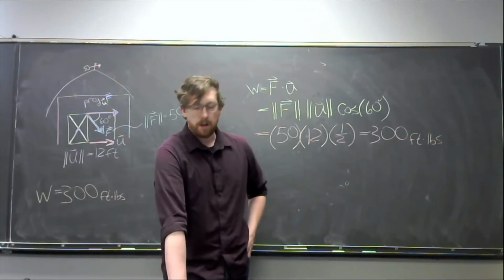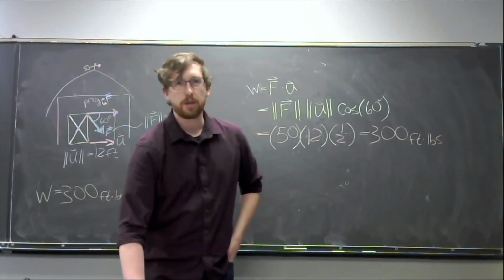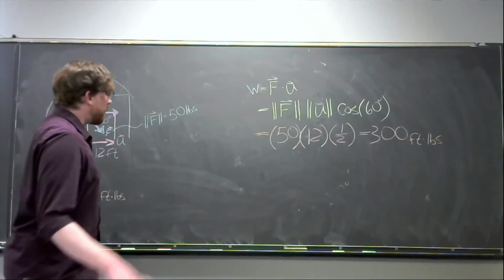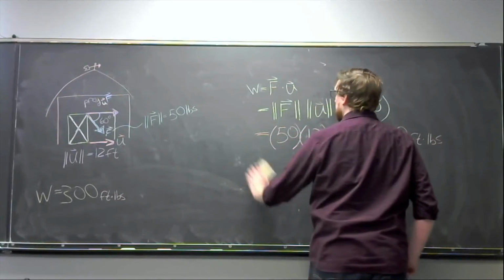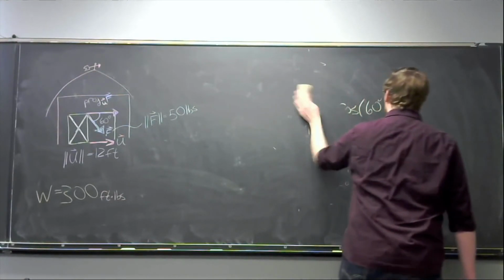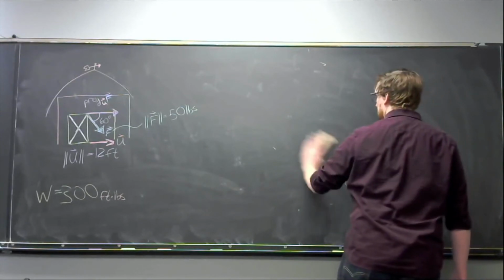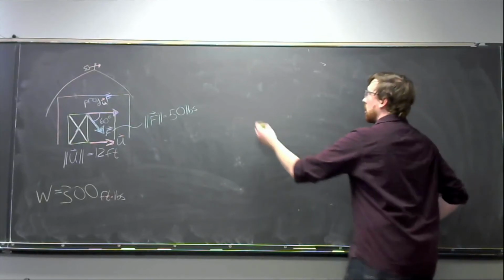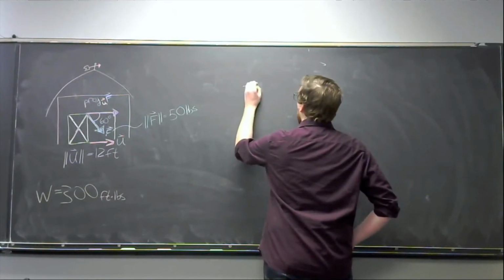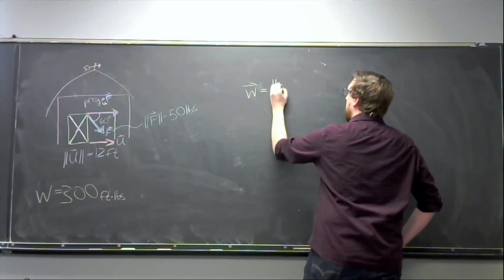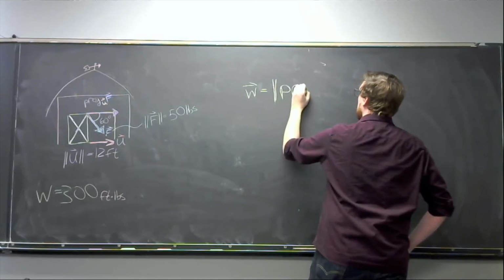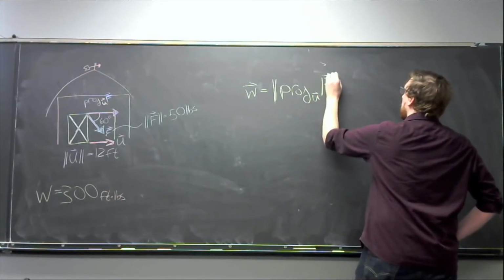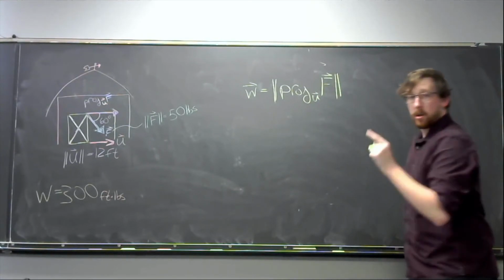So I know these are a little cumbersome, a little tedious, but the whole idea here is that we've got two different forms for calculating work. You can say that work is equal to the magnitude of the projection of the vector F onto the vector along our distance, right?